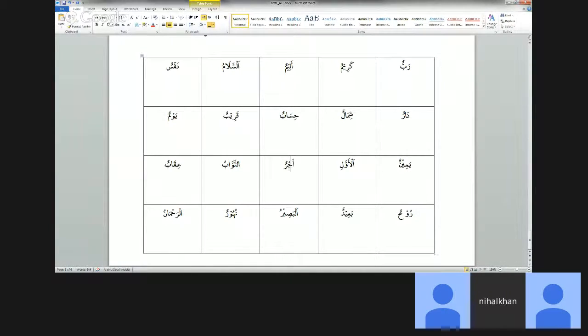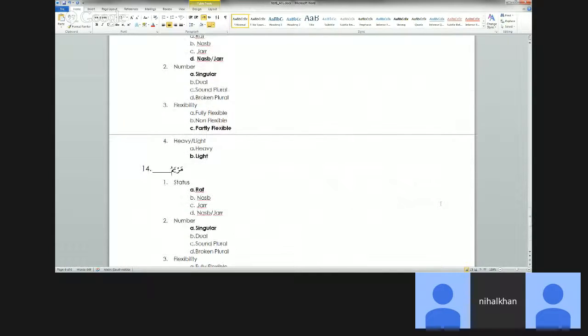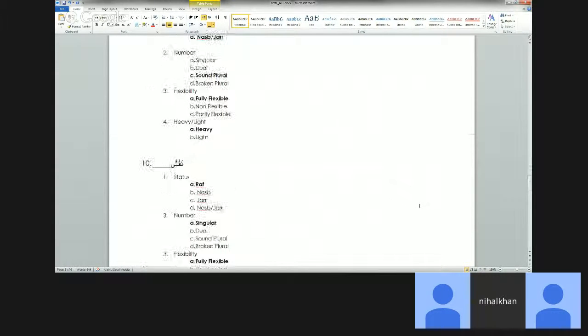Hisab, accountability. Ajrun, reward. Al-Basiru, the all-seeing. Karimun is the most generous. Shimalun is left. Al-Awwali is the first. Ba'idun is far. Rabbun is Lord. Narun, fire. Yaminun, right. Ruhun is soul. Any questions, Walid? Because this was the exam you got.